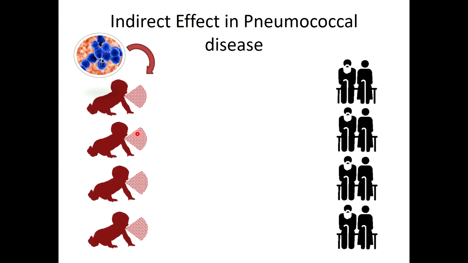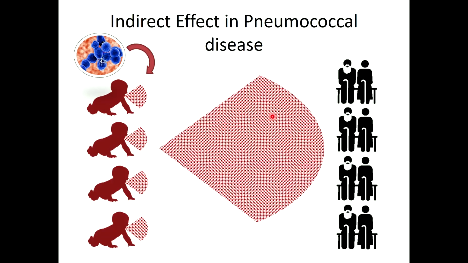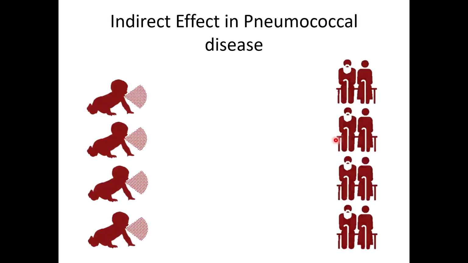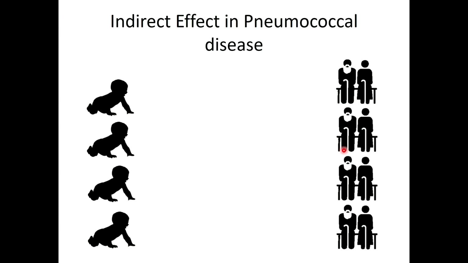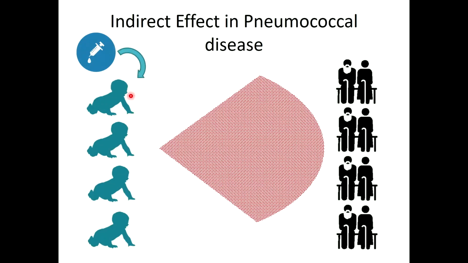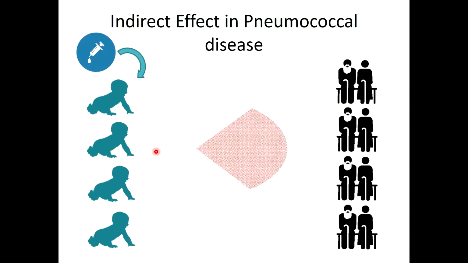However, if you vaccinate the infants, they are not susceptible to the infection and therefore cannot infect the elderly, blocking the transmission. In this particular case, vaccinating the infants, we can protect also the elderly by indirect effect.